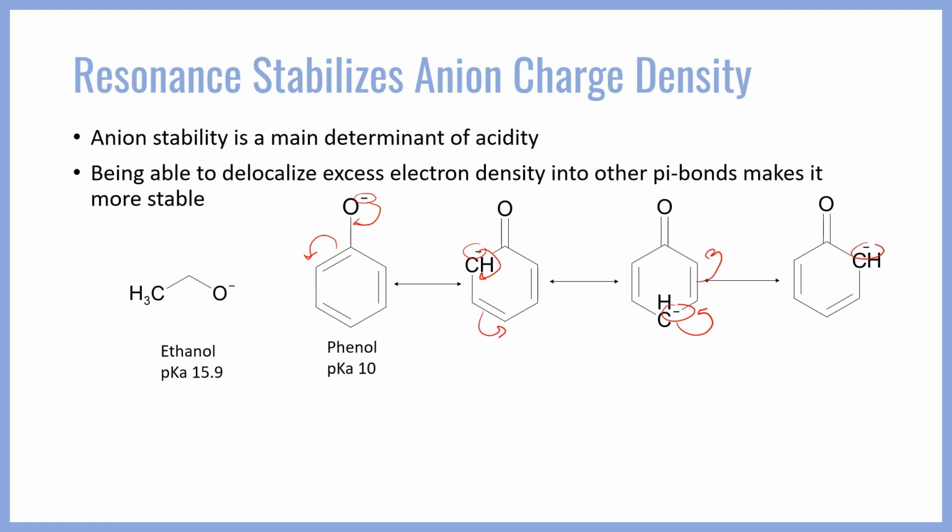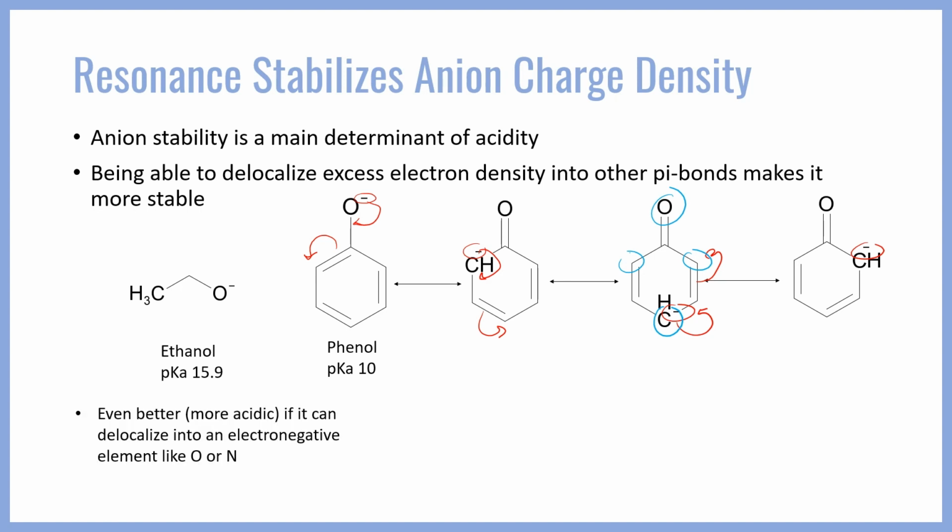In other words, the negative charge on the phenoxide anion is delocalized between one oxygen, shown here in blue, and 3 carbons. All 3 of these are going to carry a partial negative charge associated with this anion, making it far more stable and therefore phenol much more acidic.